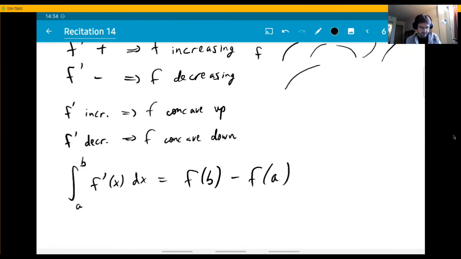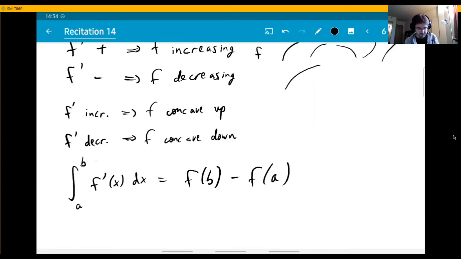It says that whenever you're integrating a certain function, the certain function in this case is f prime, all you need to understand is an antiderivative of it. An antiderivative of f prime is f. If you have an antiderivative, you just calculate it between the numbers b and a, whatever this b and a are. We're going to be applying this for many different values of b and a.